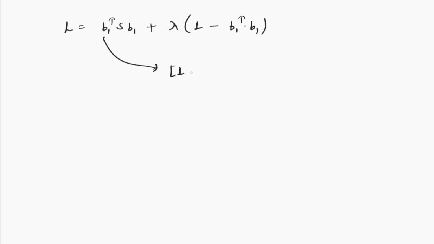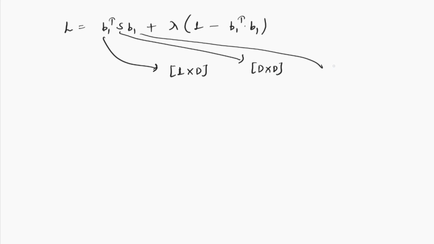We were having the Lagrangian as b1 transpose S b1 plus lambda times (1 minus b1 transpose b1). b1 is a 1 cross d dimensional vector, S is a d cross d matrix, and b1 is d cross 1.